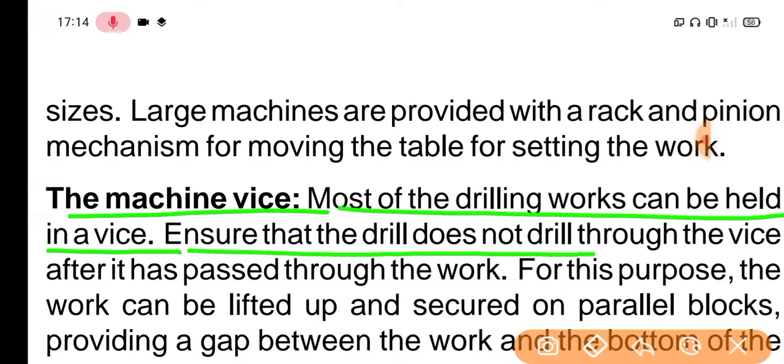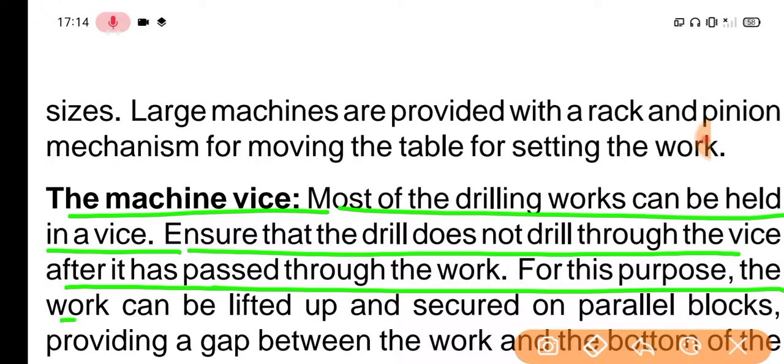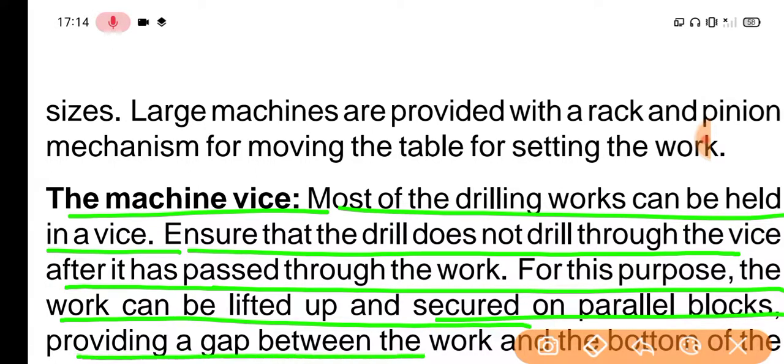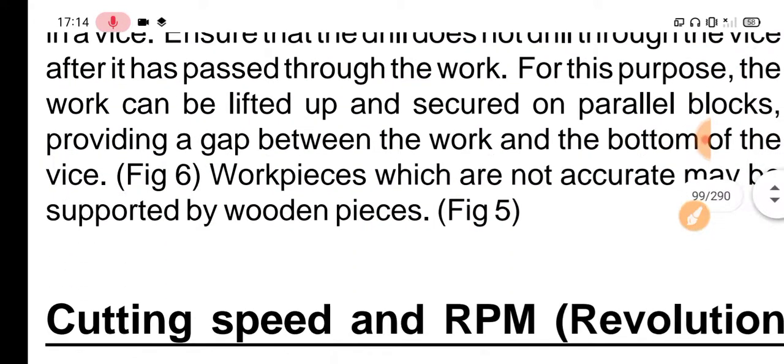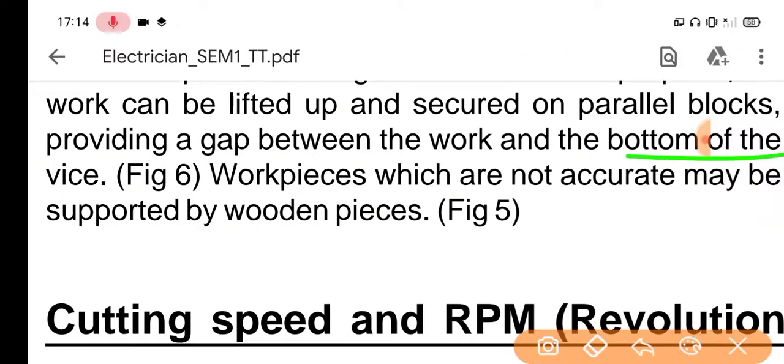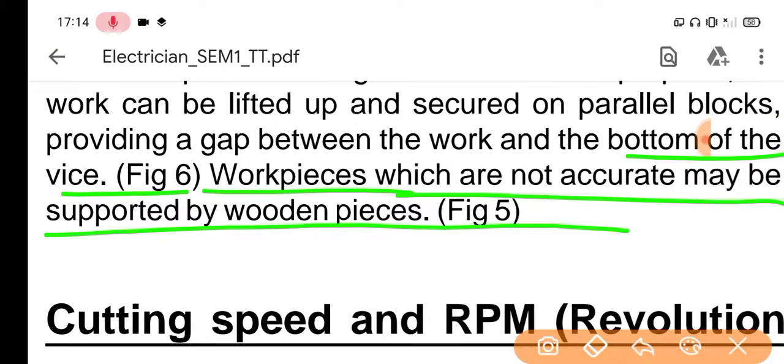Ensure that the drill does not drill through the vice after it has passed through the work. For this purpose, the work can be lifted up and secured on parallel blocks, providing a gap between the work and the bottom of the vice. In picture 6, work pieces which are not accurate may be supported by a wooden piece.